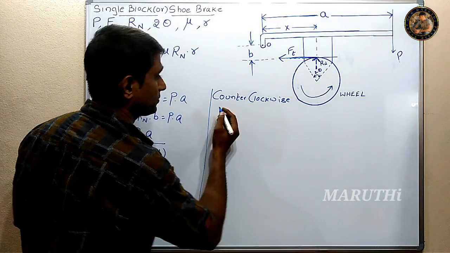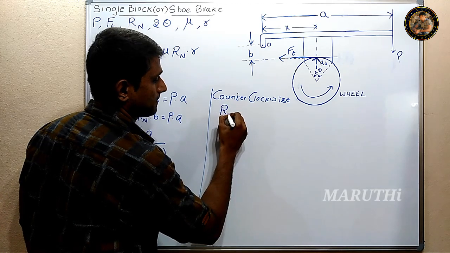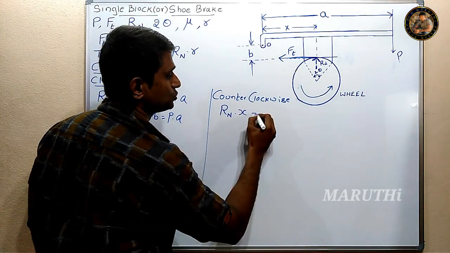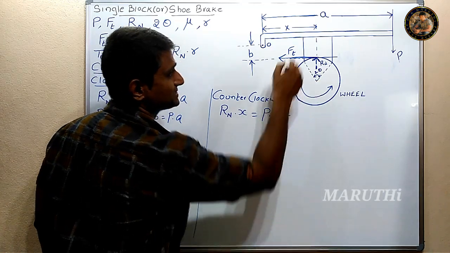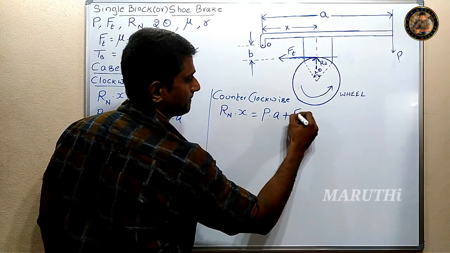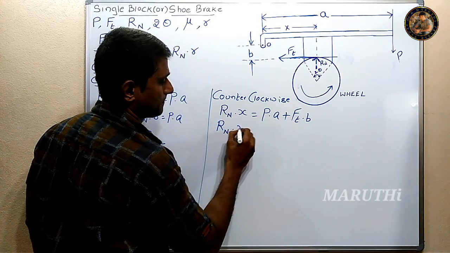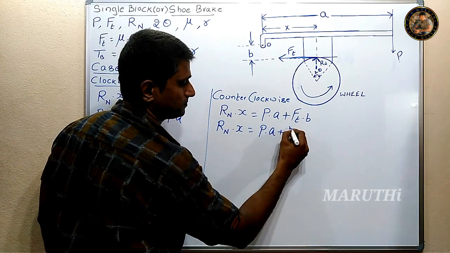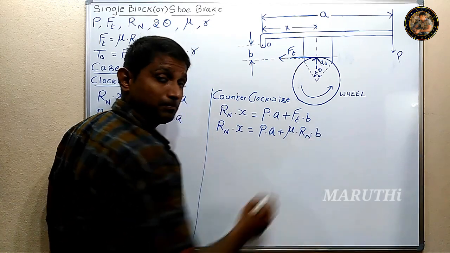So therefore finally, Rn into x equals P into A plus Ft into B, where Ft is equal to mu Rn.